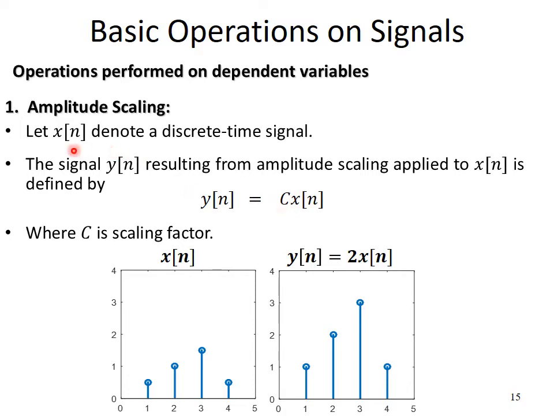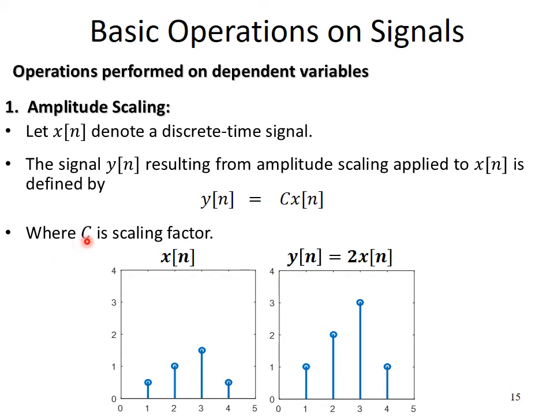Let's assume x of n represented in this graph is a discrete time signal, and when we multiply this x of n with a constant c, we get another amplitude scaled signal, let's call it y of n, which is represented in this figure.